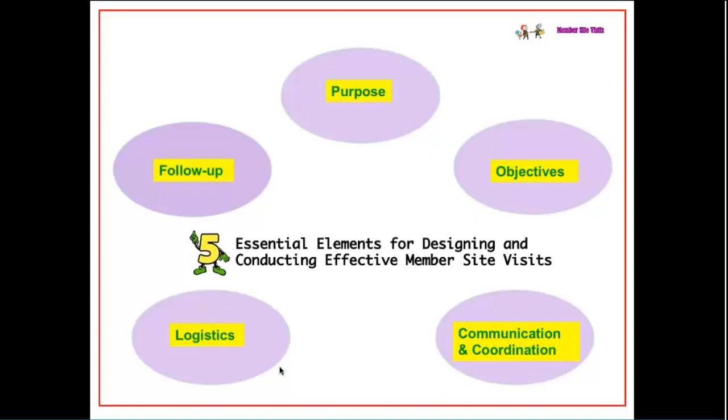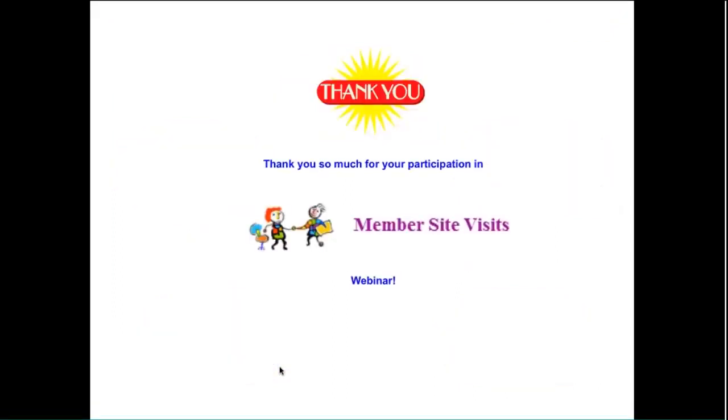What is it that they are going to receive? Objectives: what is it that I am going to accomplish for my member and others? Communication and coordination plan: who do I need to communicate with, when and how? Who do I need to coordinate with, when and how, in very specific terms. Logistics, we talked about, and follow-up plan. So those are 5 things that I would encourage you to consider.